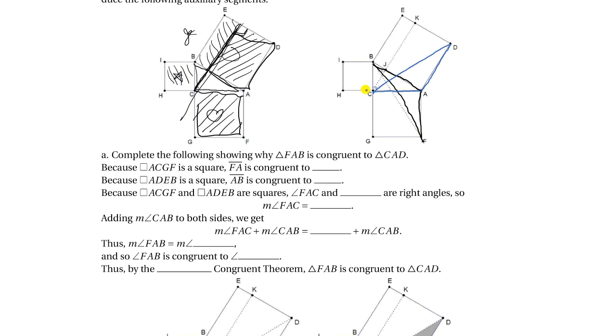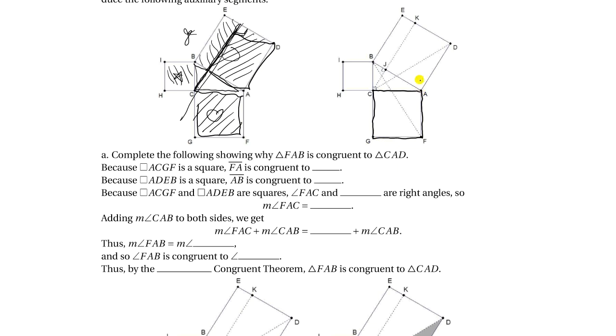In math, one of the famous congruence theorems for triangles is SAS. So we want to compare each pair of corresponding sides and the included angle between them. Let's look at the quadrilateral ACGF.